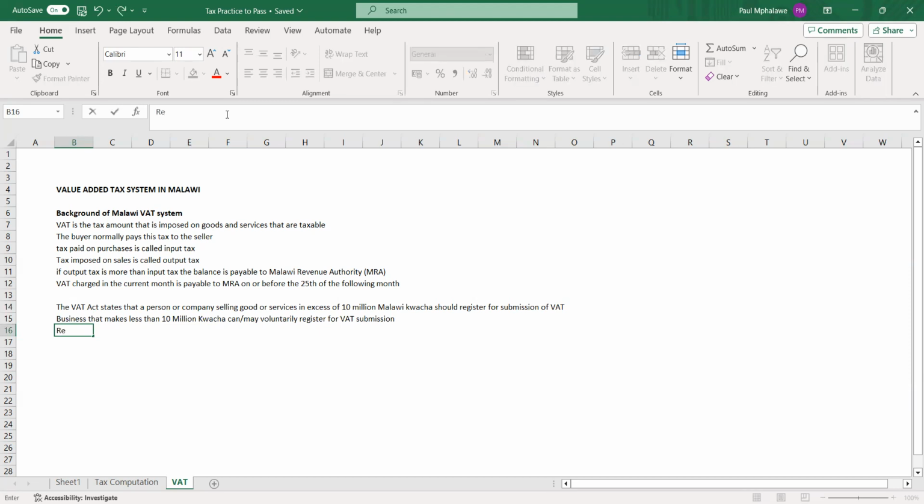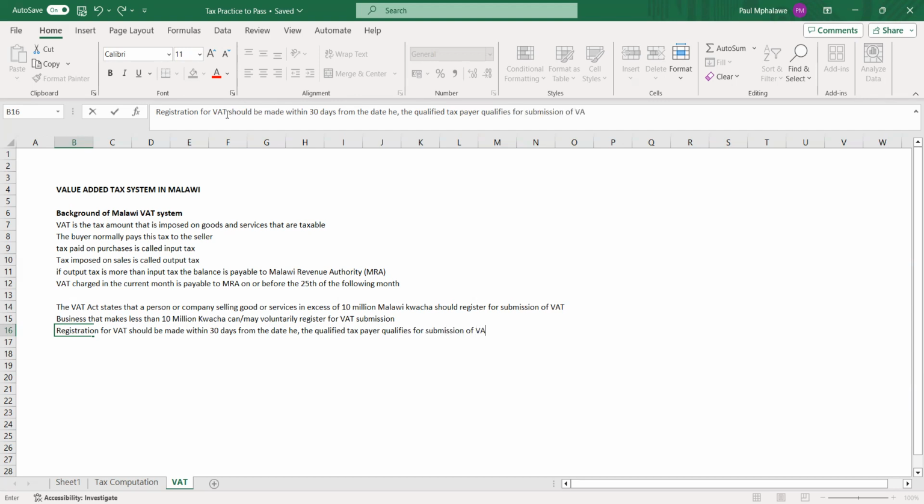So registration for VAT should be made within 30 days from the date the qualified taxpayer qualifies for submission of VAT.